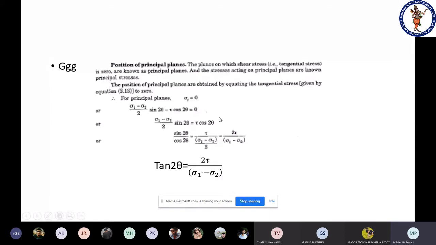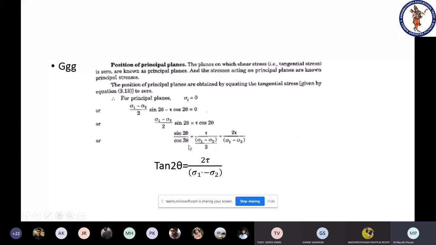Now sin 2 theta by cos 2 theta is equal to tau by sigma 1 minus sigma 2 by 2, or else it is 2 tau by sigma 1 minus sigma 2. We know that sin by cos is nothing but tan.